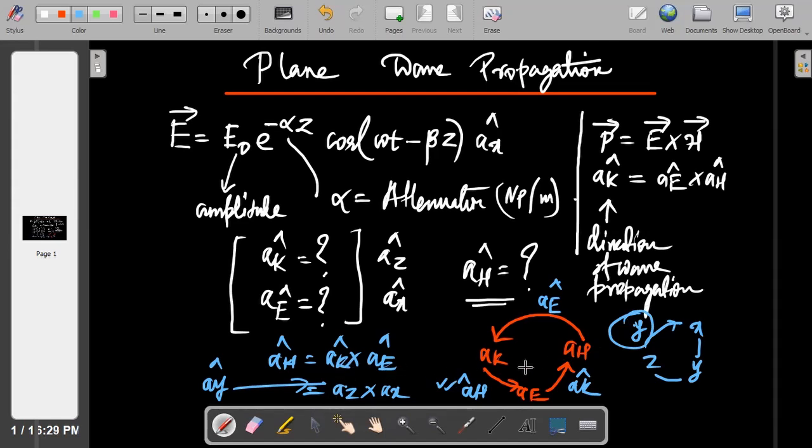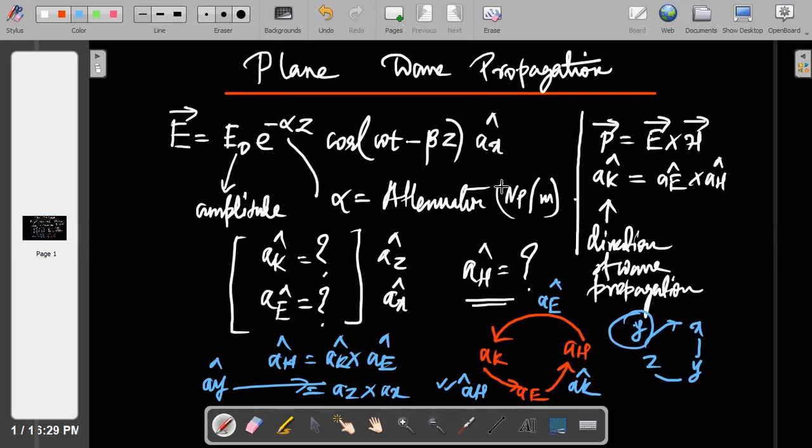a_k cross a_E. Is it clear, everyone? a_k cross a_E, not a_E cross a_k. And both are positive, so it will be a_y. Any confusion? You can write here. Someone has written minus, that's why I'm telling. Okay, very good.